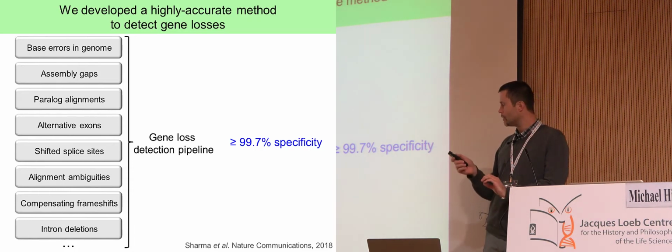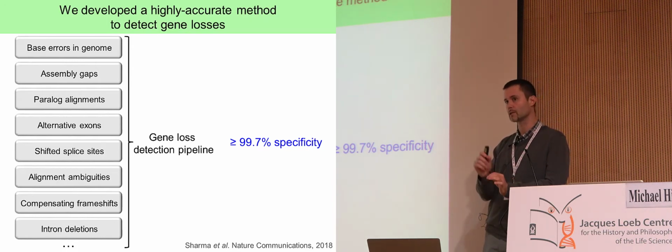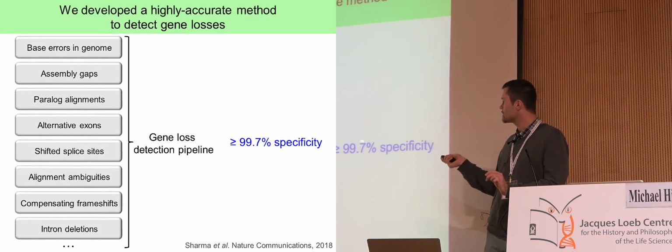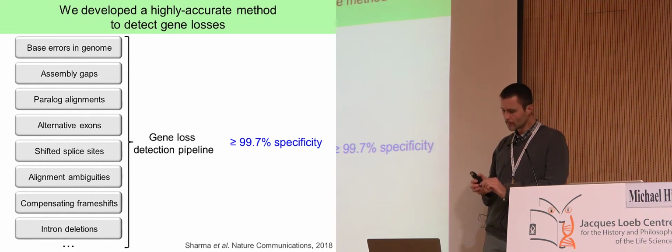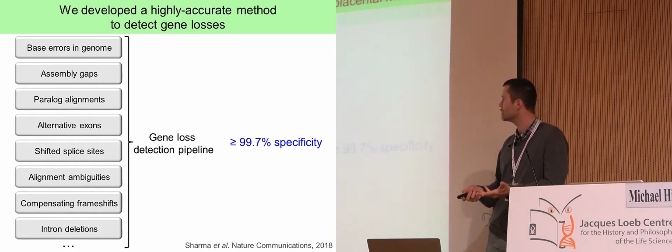The pipeline achieves a specificity, meaning not calling a conserved gene as lost, of at least 99.7%. So we think it's quite accurate, and it makes few mistakes on a genome-wide level.